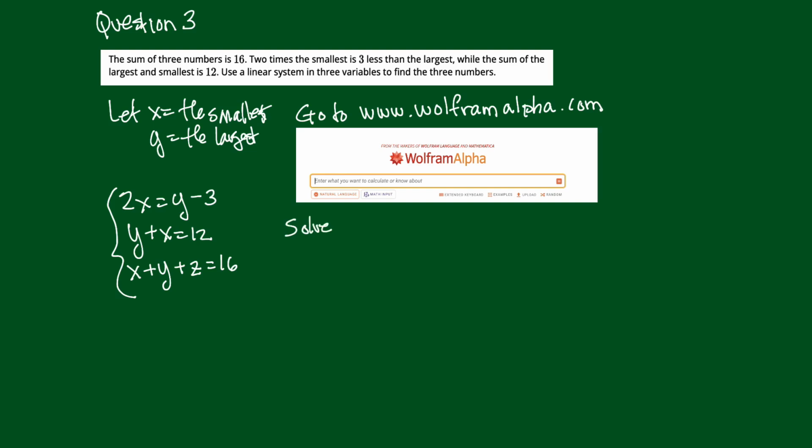Now type your 3 equations just as they are: 2x equals y minus 3, comma, separate equations with commas. y plus x equals 12, comma, and then x plus y plus z equals 16. And then press either enter or that equal sign.